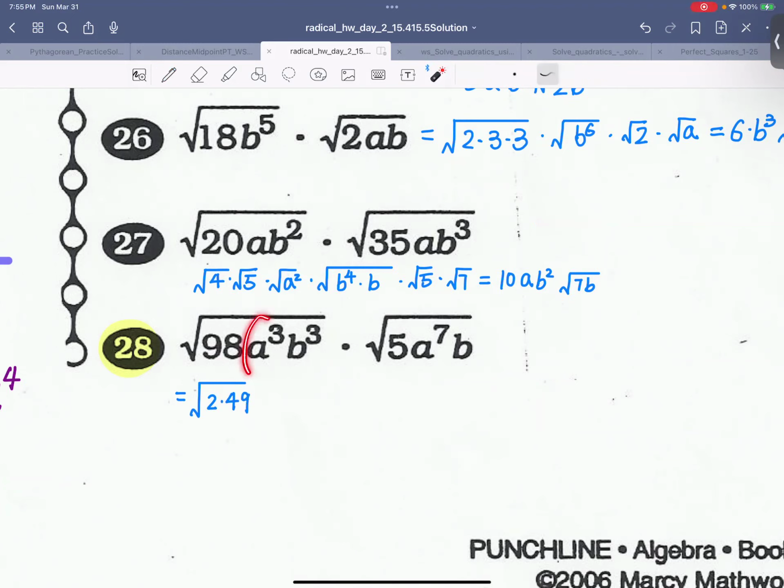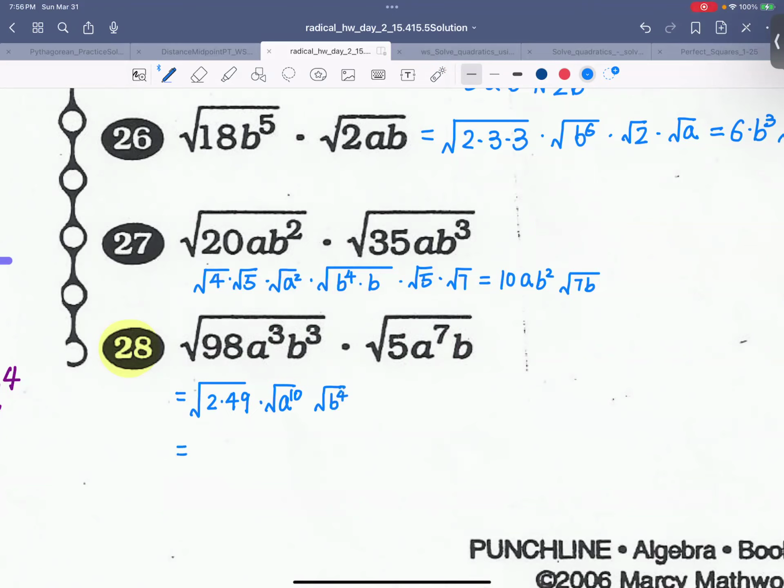You have a to the power 3, you have a to the power 7, so you have a to the power what? 10. And you have b to the power what? 4. Thank you.